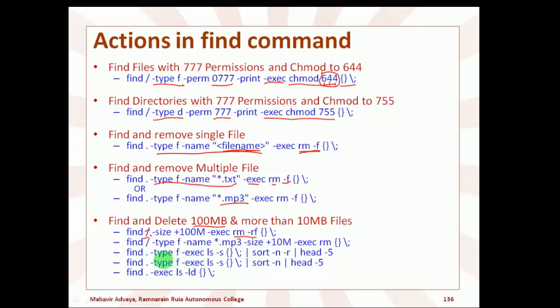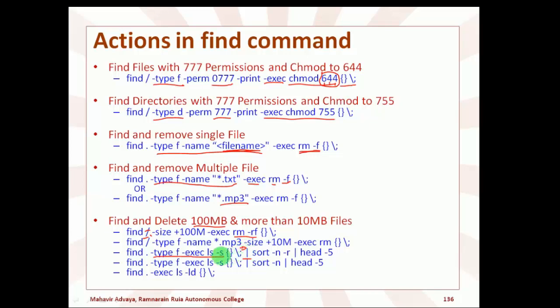Now this command is checking for all the files. We are getting the detailed long listing of the files that are searched here, and whatever output we get for this, we sort the output. This is the pipe we are using. The output of this command will be given as the input here.